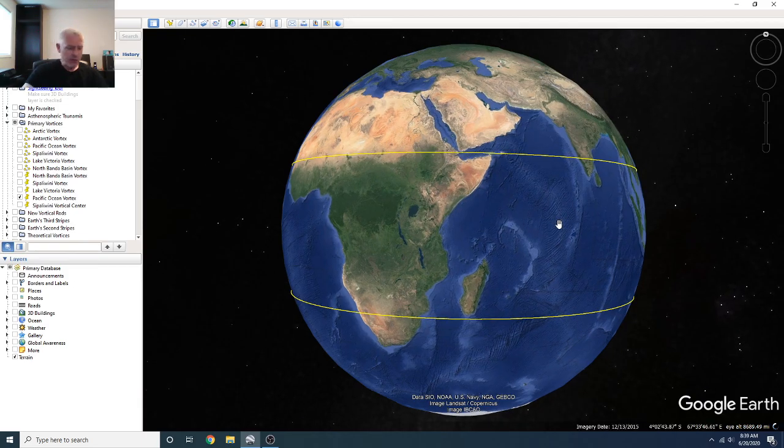Now the theory behind the driving forces of the equatorial rotations lies currently, in my mind, on their coordinate location in relation to our current equator. So if they're below the equator, if the vortical core falls below our current equator, that means that its driving force is going to be coming from the South Pole.